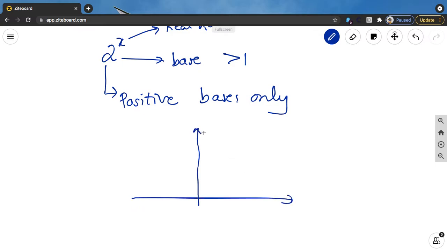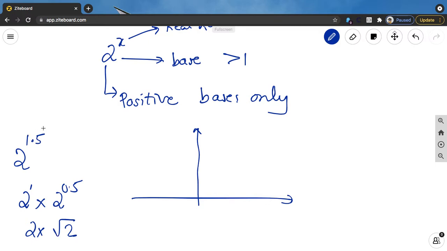So 2 raised to x means 2 is multiplied with itself and x tells us how many times. And when we say multiplying with itself, x being a real number seems odd, but what it really means is, if I do 2 raised to 1.5, it's 2 raised to 1 times 2 raised to 0.5, which means 2 is multiplied by root 2.